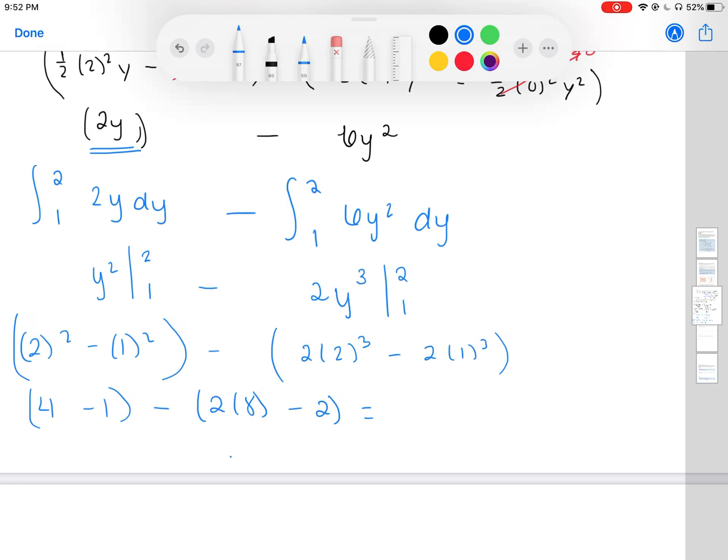All right, so this gives us 3 minus 16 minus 2. We get 3 minus 14, which is negative 11. So that is our answer.